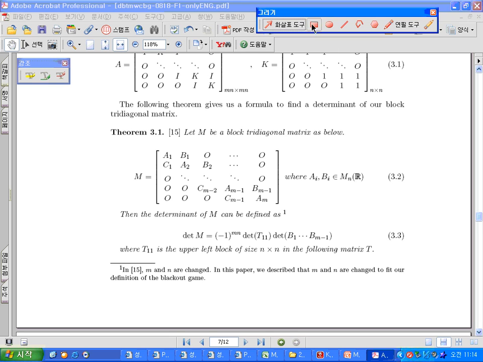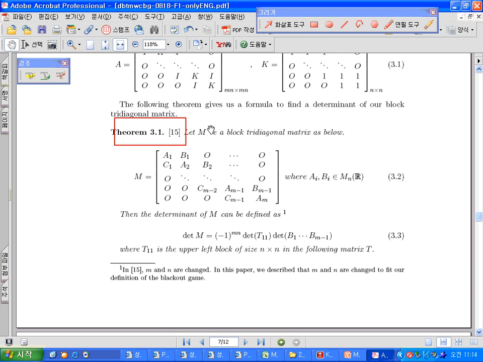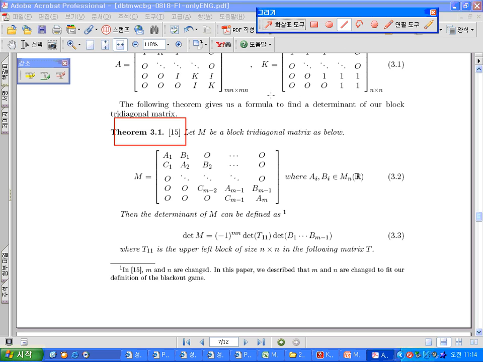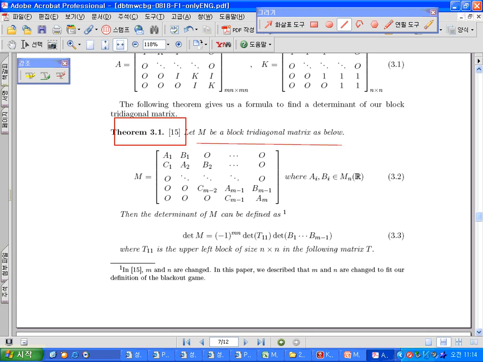So we had the research, we had the search of other work in paper 15, and there was a result of others on this type of block matrices. And they said the determinant of this pattern matrix, this block patterned matrix, is like this.